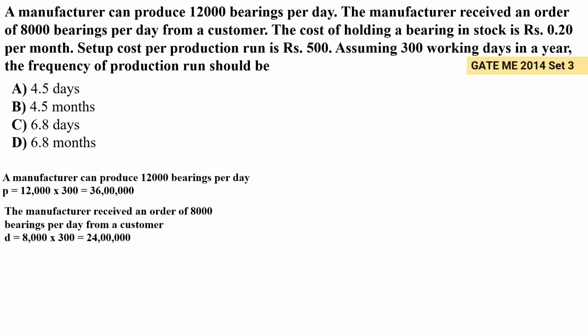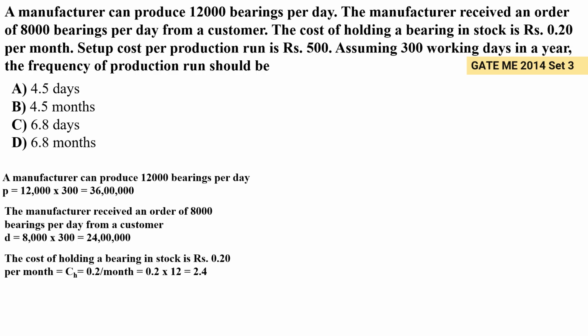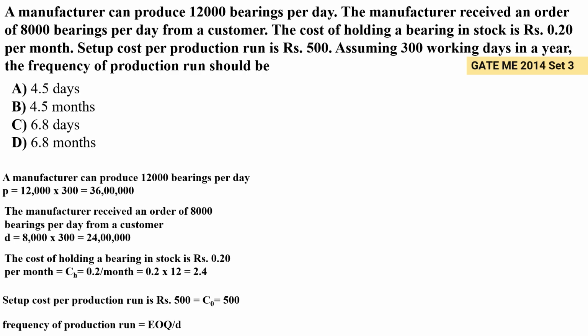So let's consider consumption rate equal to small d, which is 24 lakhs. And the given cost of holding a bearing is 0.2 per month, so year wise it is 0.2 into 12, which is equal to 2.4. And setup cost per production run is 500 rupees, which is C naught equal to 500.